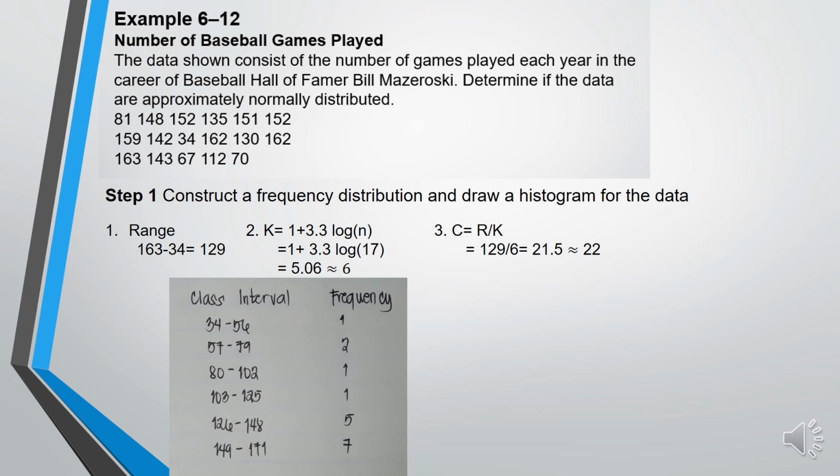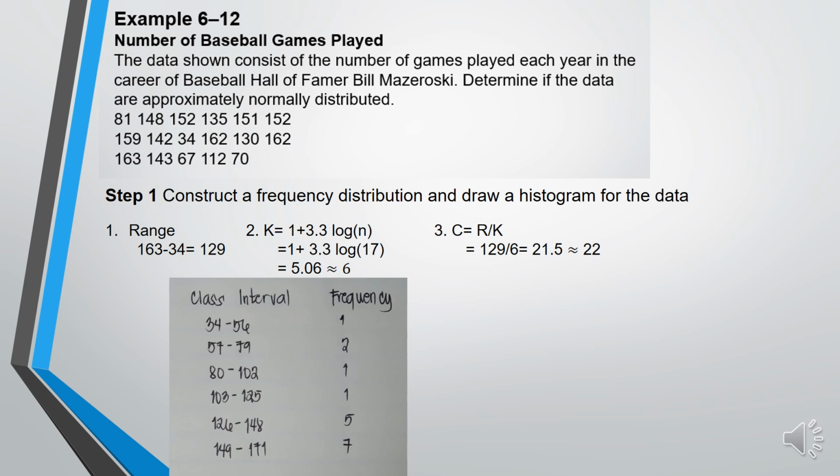Next is 57 plus 22 is 79 and the frequency is 2. 80 plus 22 is 102 and the frequency is 1. 103 plus 22 is 125 and the frequency is 1. 126 plus 22 is 148, so the frequency is 5. 149 plus 22 is 171 and the frequency is 7. If we add up all the frequencies, it is equal to 17.